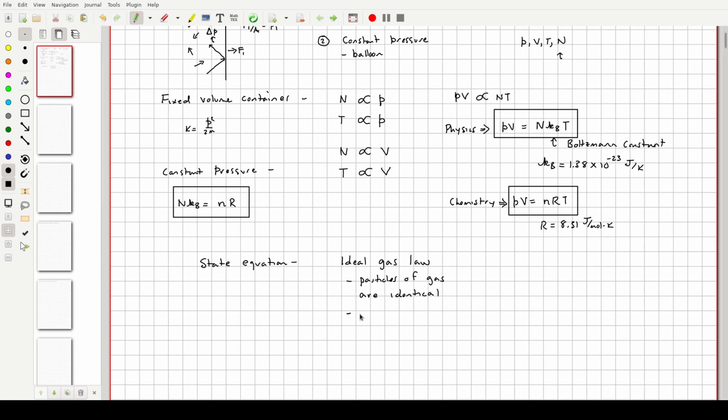Okay. And we also assume the particles of gas do not interact. And we also assume that they have no real size. They have masses, but physically don't have sizes.